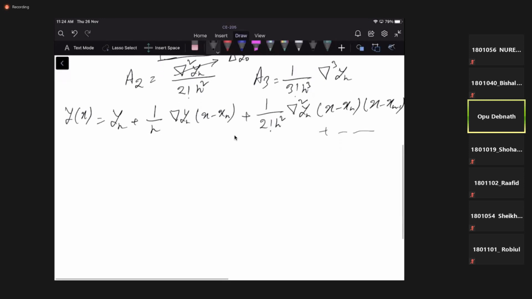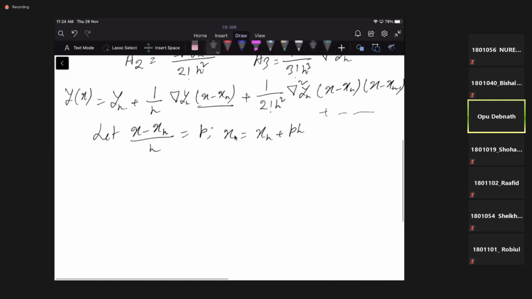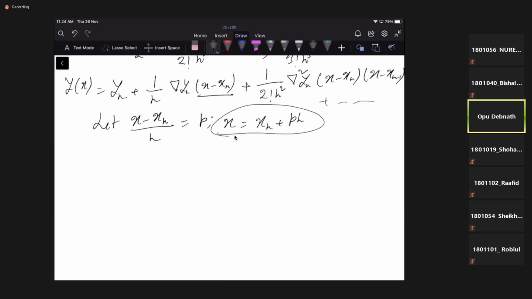So again here you let (x minus xn) by h be the parameter p, so that x is equal to xn plus ph. You put this value in this equation, and you will get the value of yp.